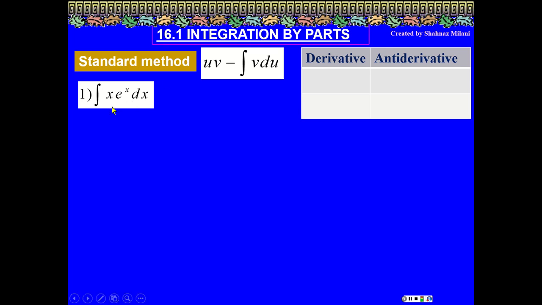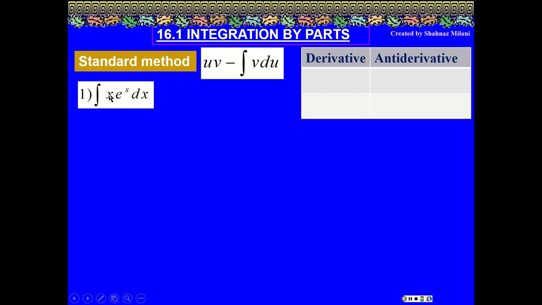The part you choose for the derivative is going to be the part whose first derivative, or second derivative, or third derivative eventually becomes 0. Look at here. I have a product with two parts. If I choose the x, the first part, as my derivative part, the derivative of x is going to be 1. Derivative of 1 is going to be 0.